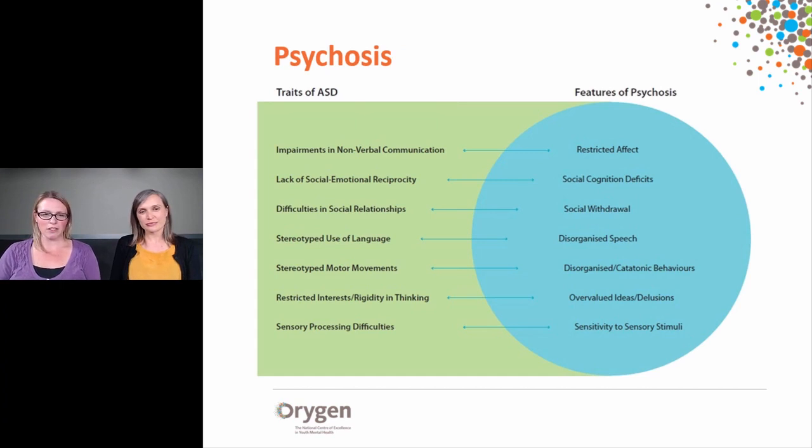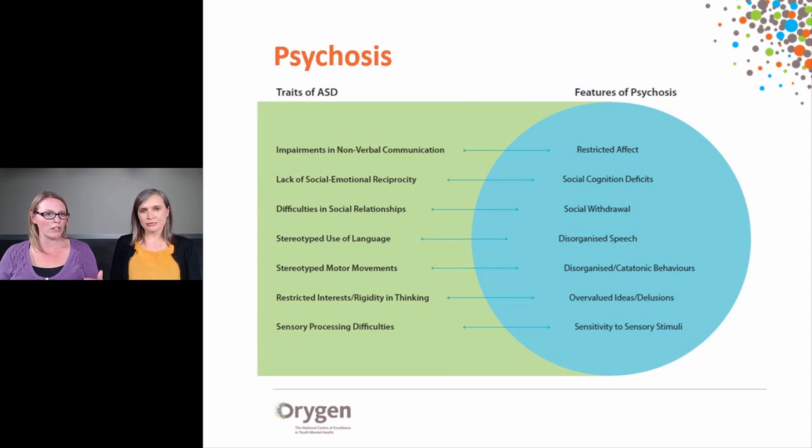Just touching on a couple of other disorders that I guess are not as prevalent. What is important to keep in mind is that, again, we might see a crossover between autism spectrum disorders and psychosis. So there are lots of features that might look similar. So we've put a little graphic up on the screen for you there, and we might pop this in your A4 resources as well. This is how Mel and I tried to make some sense around looking at psychosis and ASD.